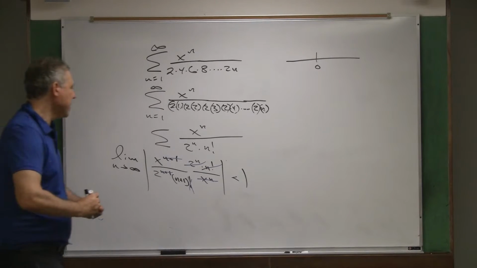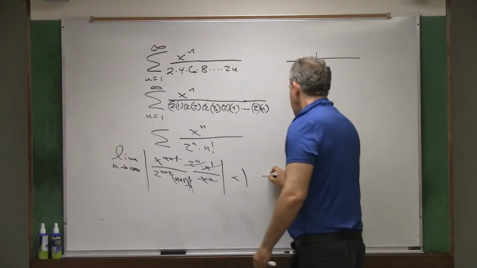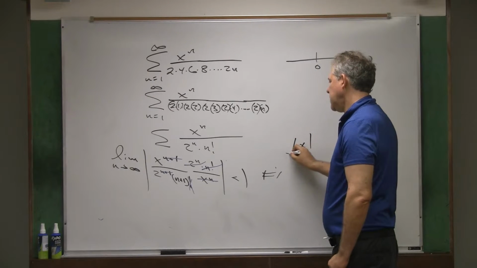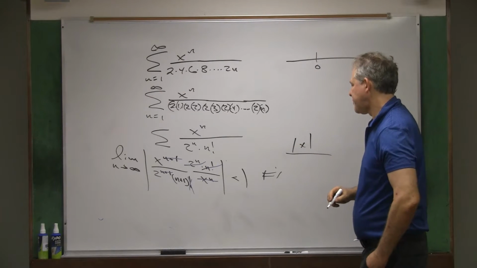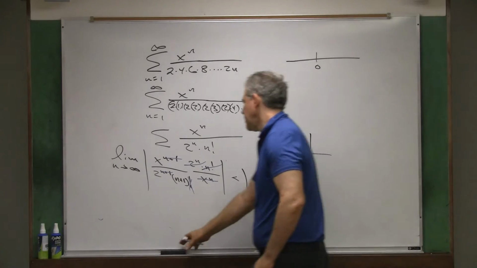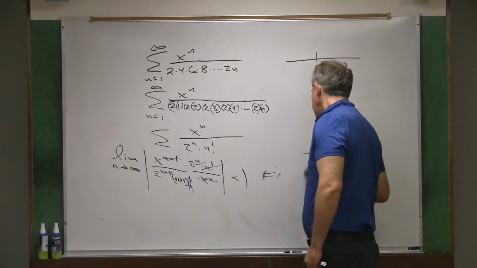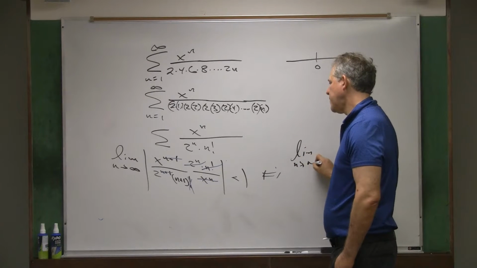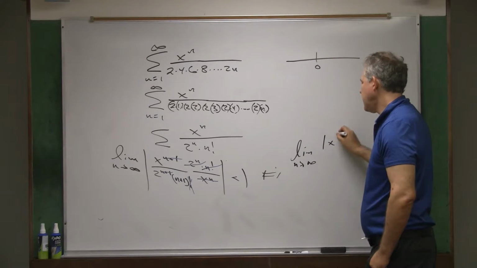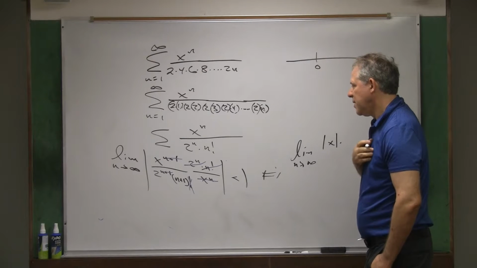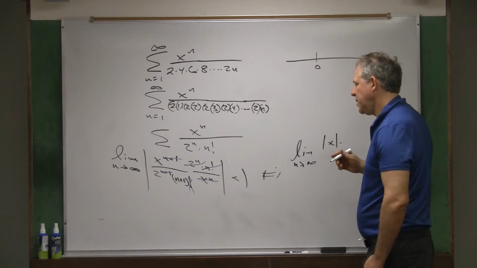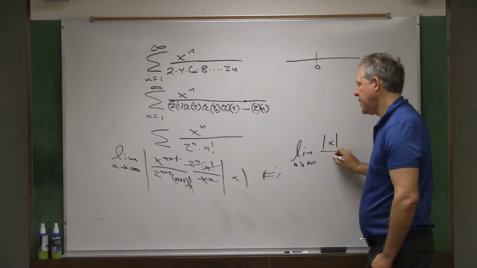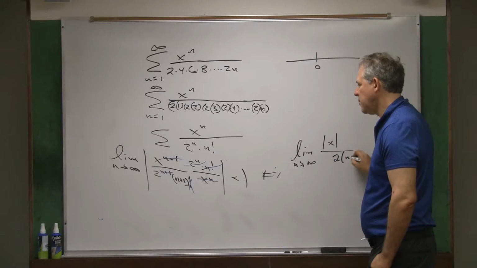So I'm getting, if and only if the limit as n goes to infinity of the absolute value of x times, this is just going to be, divided by 2 times n plus 1, yeah?